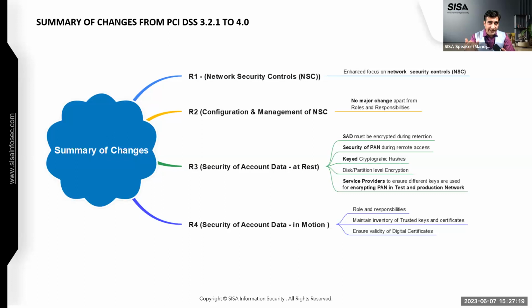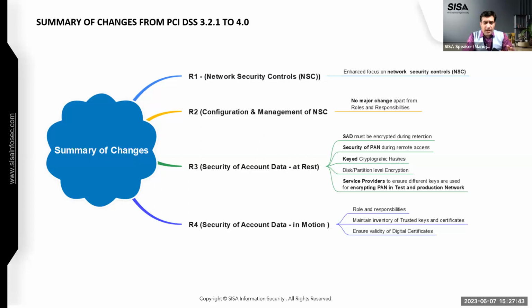It can include your IDS, your IPS, your firewall, your software defined networking, your rules, and whatnot, right? So that has been a major change in this particular requirement. Also, you need to now formally validate the configuration of your network security devices every 6 months. So these are the major changes for requirement number 1.